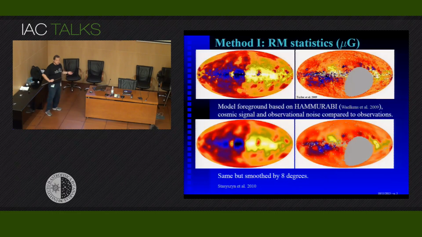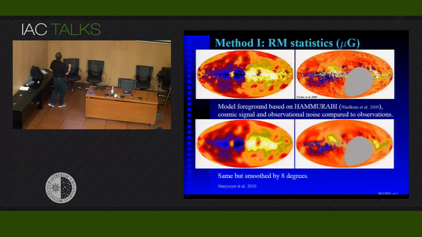Now, you have to model the galactic foreground for that. So here, for example, is a very simple model of the galactic magnetic field. You can plug that into codes like Hammurabi, a publicly available code which allows you to model the galactic magnetic field and produce full sky maps, deflection maps and radio emission maps.